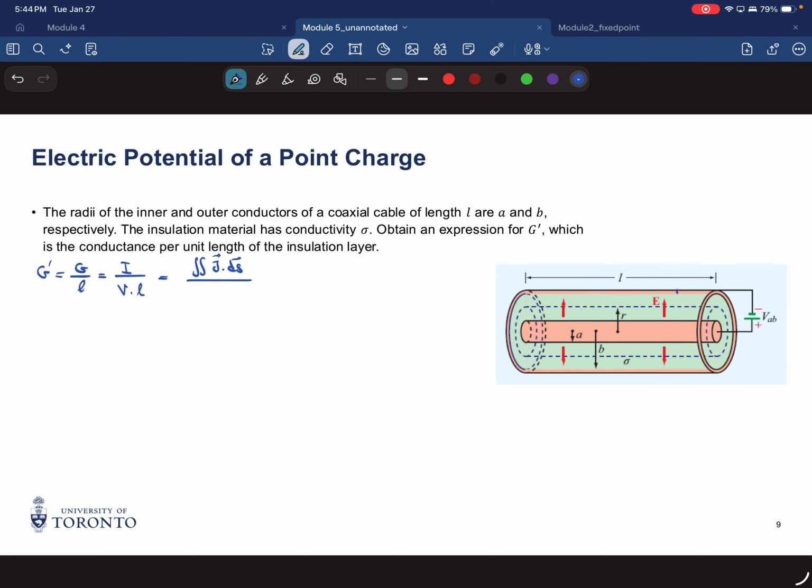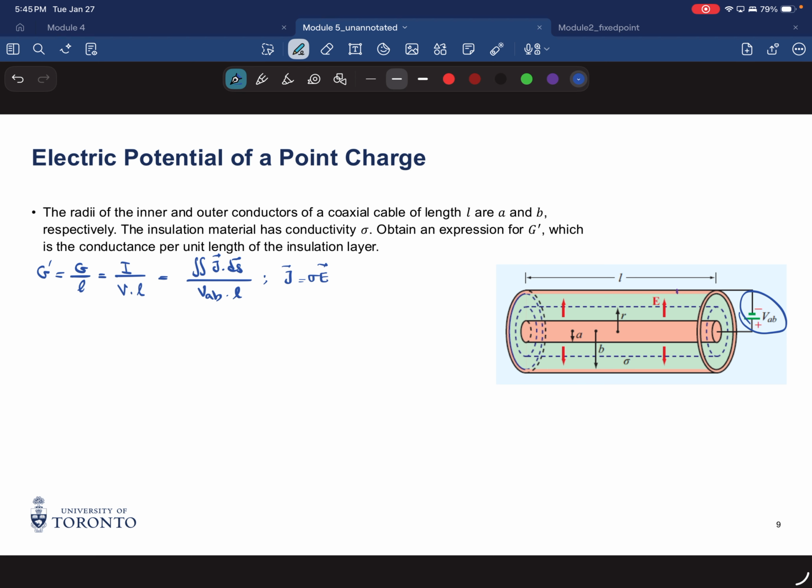And V here, the voltage difference between these two, is given by VAB. So VAB, I'm just going to put that here. VAB over, multiplied by L. Remember that J is sigma E. So sigma is given. The only thing I need to find is E. Right? Perfect. How do I find E?